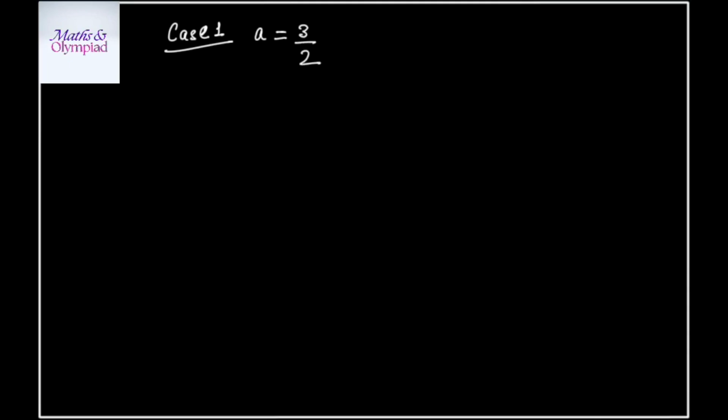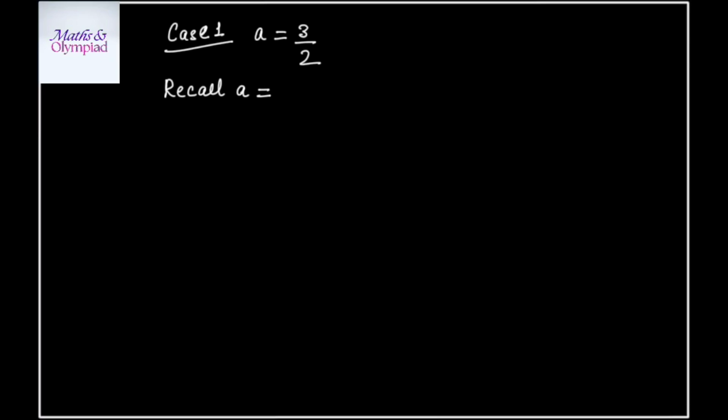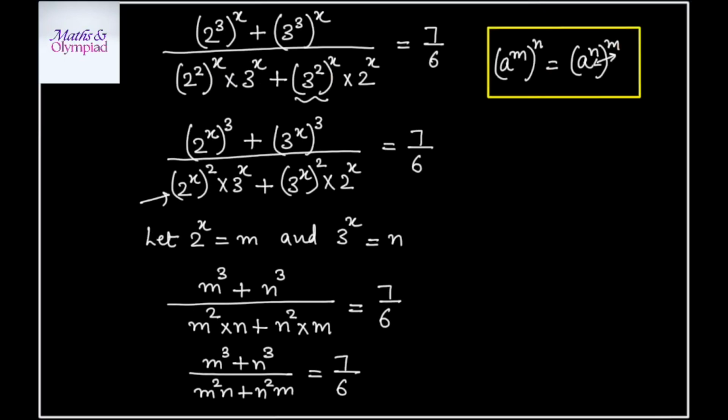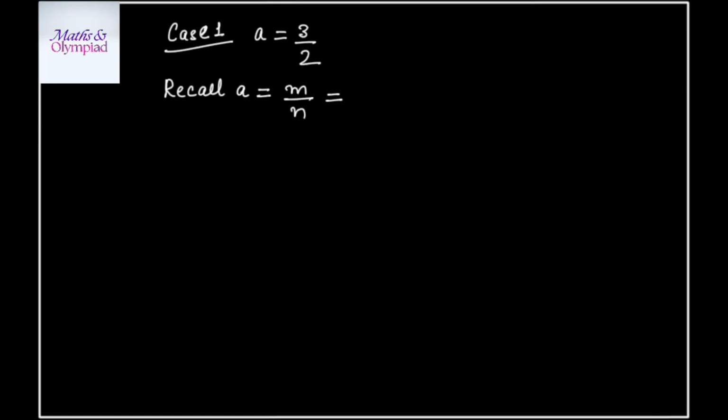Now let's recall a equal to m over n, and m is equal to 2 raised to the power x and n is equal to 3 raised to the power x. So in place of m, I can write 2 raised to the power x over 3 raised to the power x. This implies a equal to 2 raised to the power x over 3 raised to the power x.